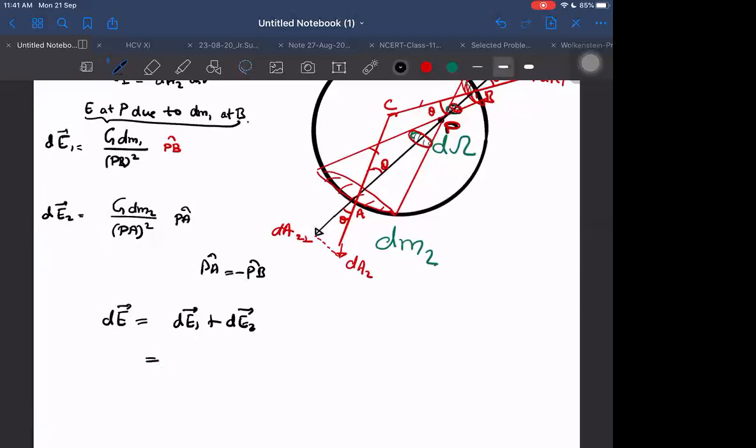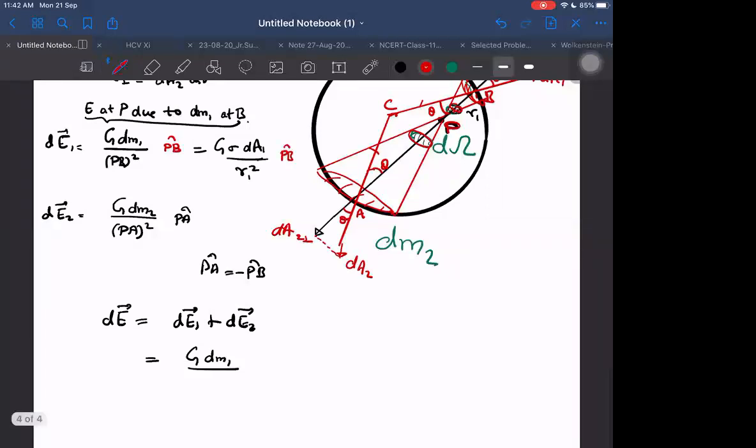Values will come out to be G into dm1 upon, wait a second, I should do something before. dm1 can be written as sigma into dA1. Sigma into dA1 upon PB square. Let us call it r1 upon r1 square into r1 cap, or maybe PB cap only is okay, into PB cap.